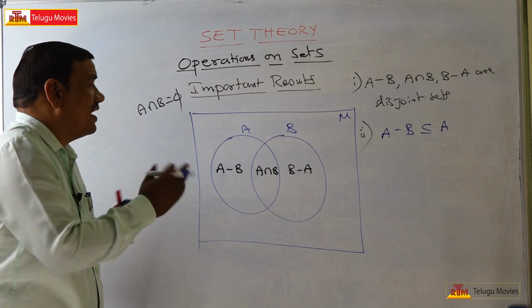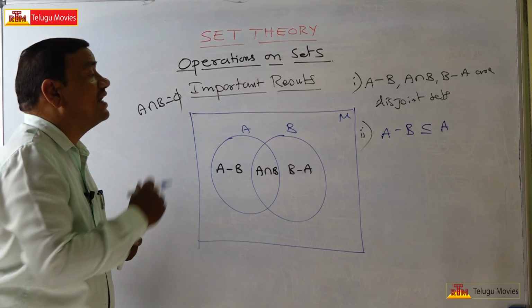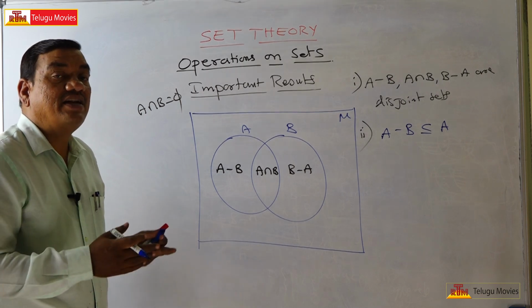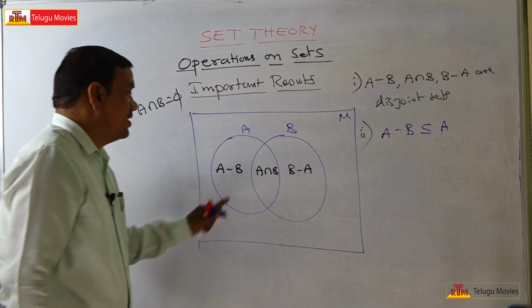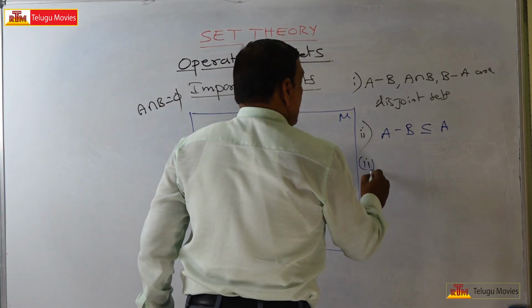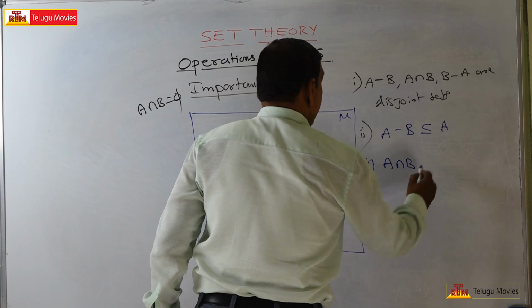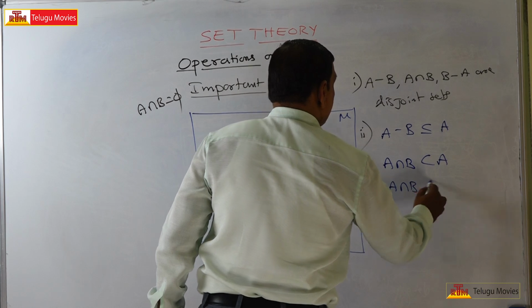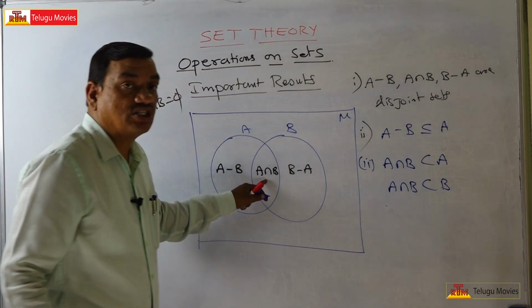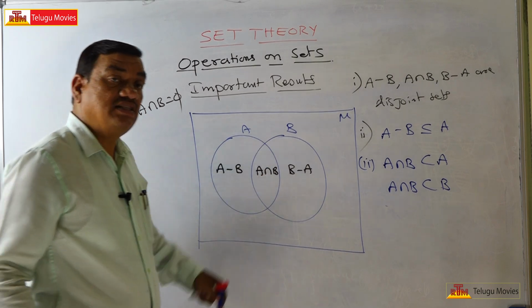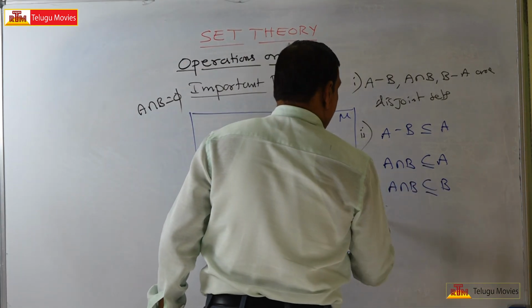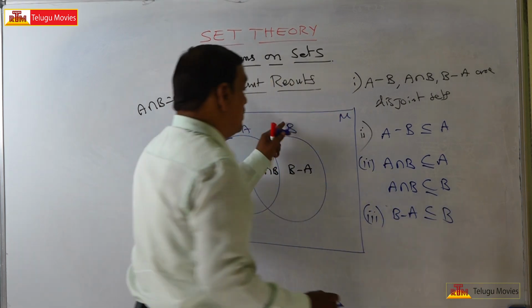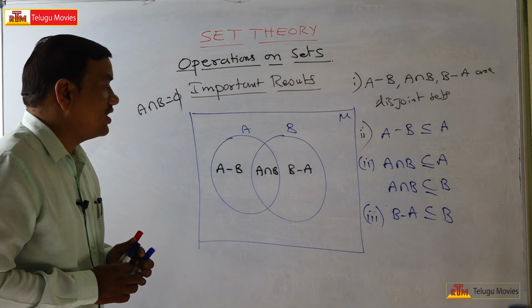It depends upon the elements of A and B. Sometimes A minus B is equal to A, that means if A and B are disjoint sets, A minus B is equal to A. Third, A intersection B is a subset of A, and A intersection B is a subset of B. A intersection B is a subset or equal to, sometimes may be equal to. Then B minus A is a subset or equal to B.